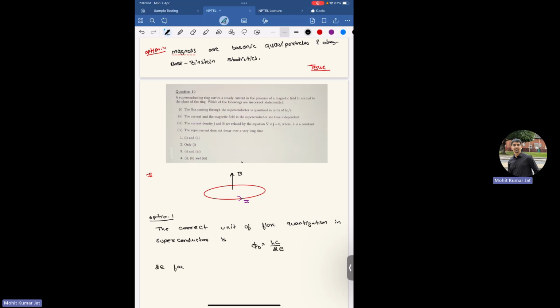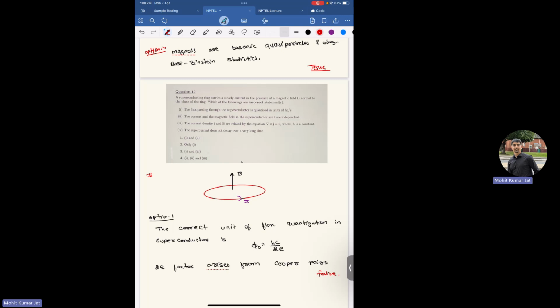The 2e factor arises from Cooper pairs. So this statement is incorrect or false, because the statement says hc by e. The correct answer is hc by 2e.